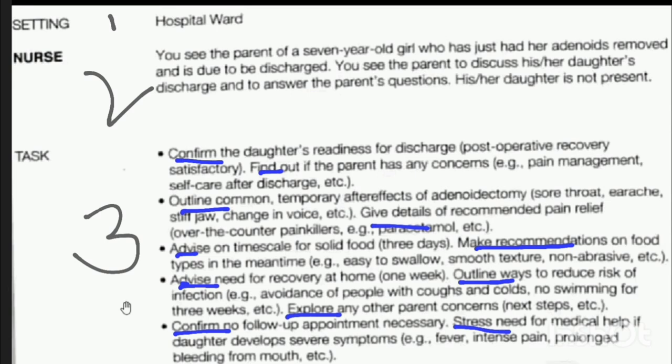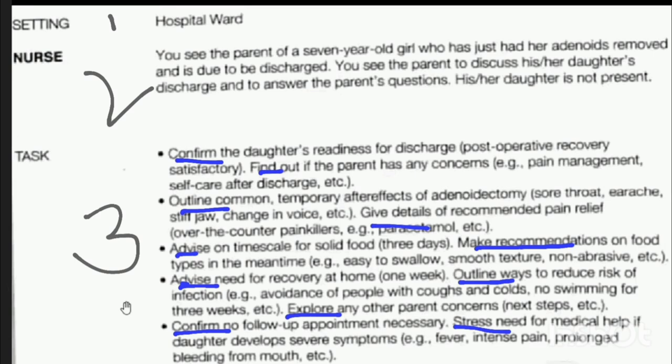Then we can explain that an after effect of adenoidectomy is quite normal and self-limiting, and moreover these symptoms like sore throat and voice change are normal and usual. So next, again, the sentences give detail of recommended pain relief, over the counter painkiller.